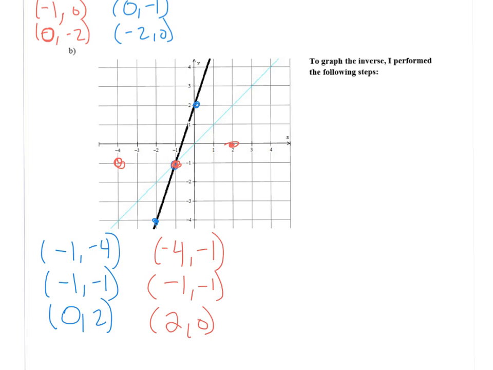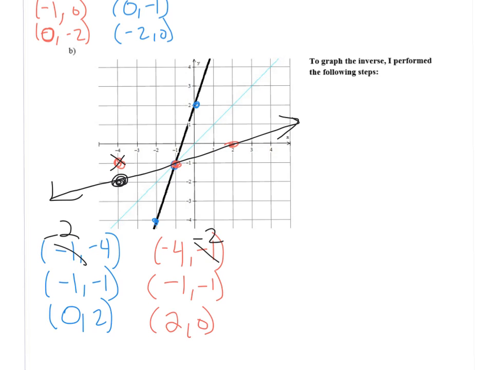Oh, I had something wrong. Did you see this point down here is actually (-2, -4), which is going to change this point. It's not going to let me erase it, so let's just graph that here. And now here's my inverse. Ignore that point.